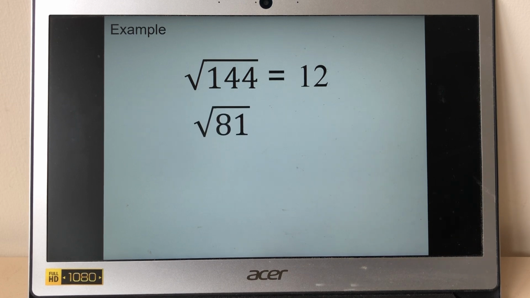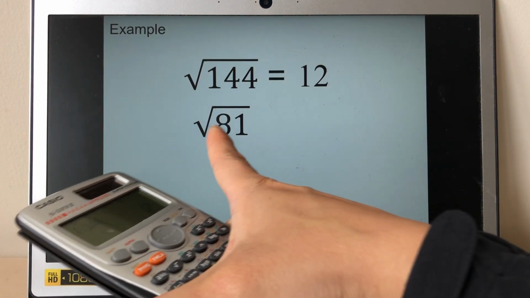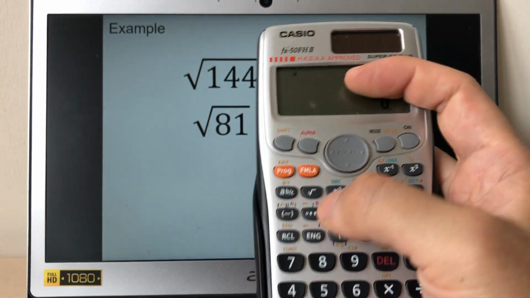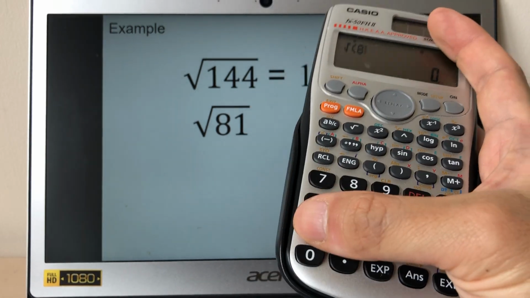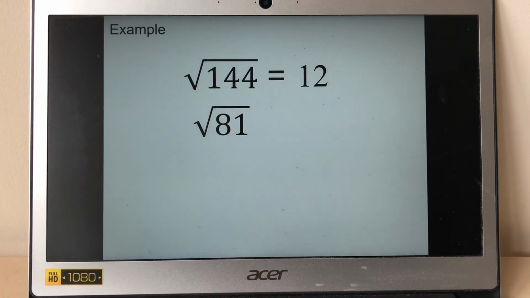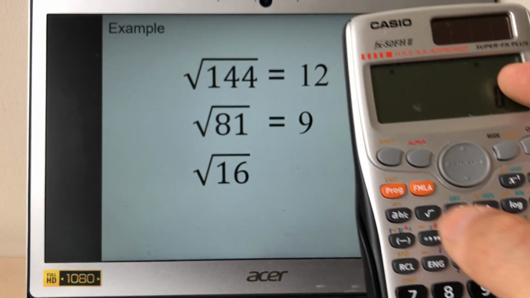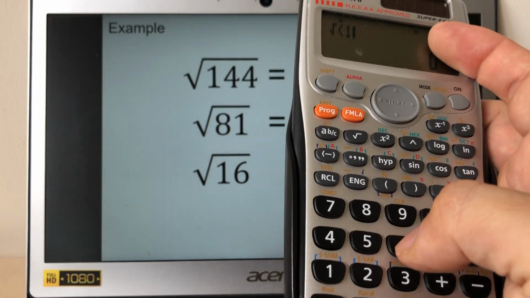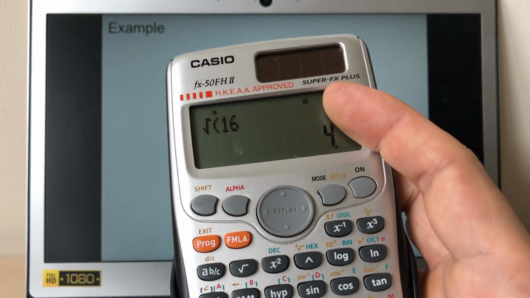Then what about this? Square root of 81. Then we have 9. And this one is square root of 16, which is 4.